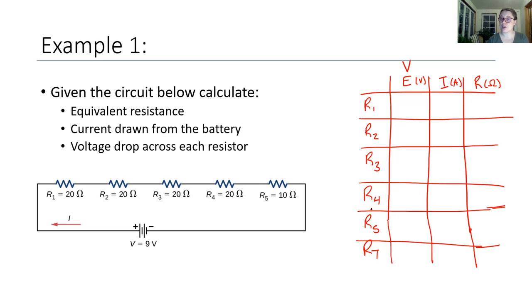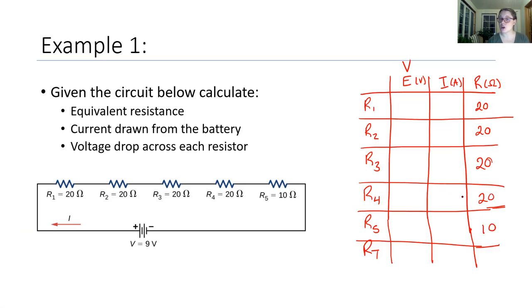Now we have 5 resistors, and we can fill in their values because we know their values. So 1 is 20, 2 is 20, 3 is, oops. This is what happens when my mouth and my hands don't work together. 3 is 20 as well. 3 and 4 are both 20. And then 5 is 10.